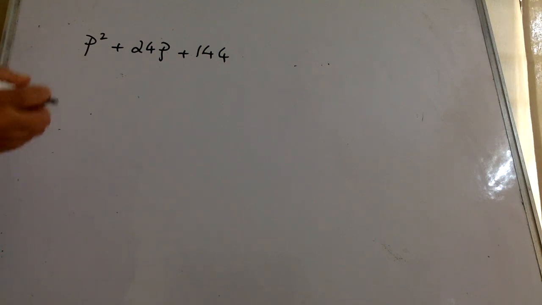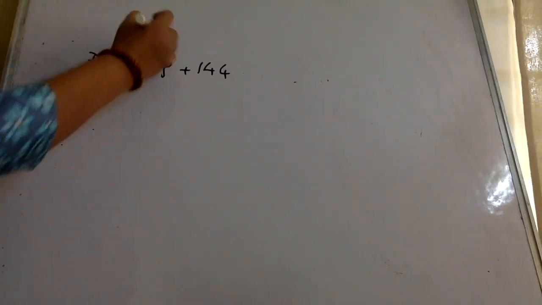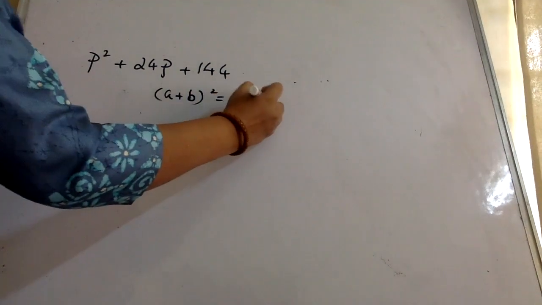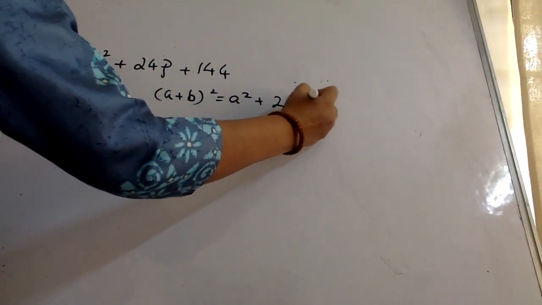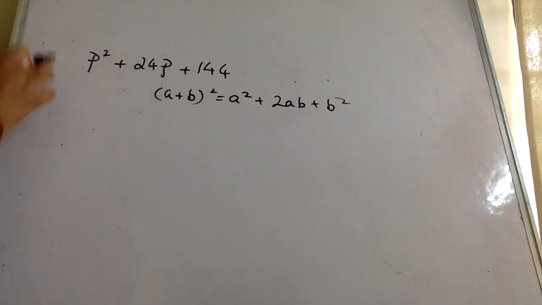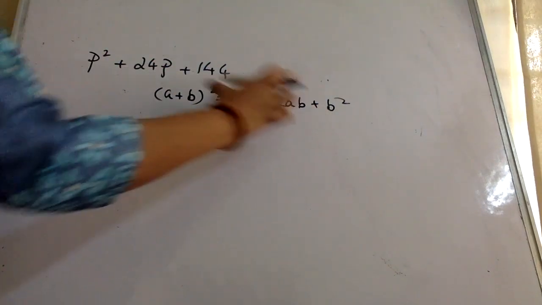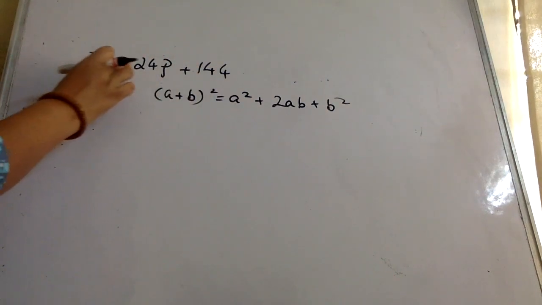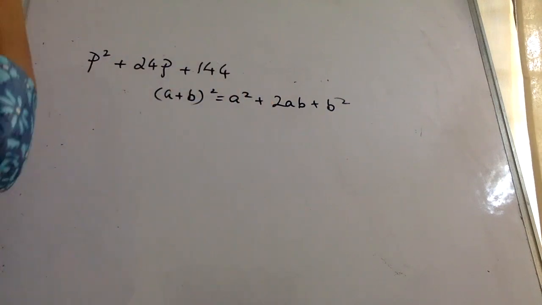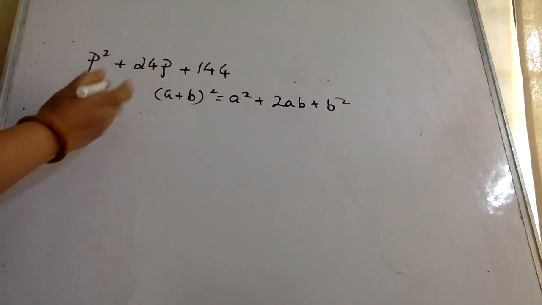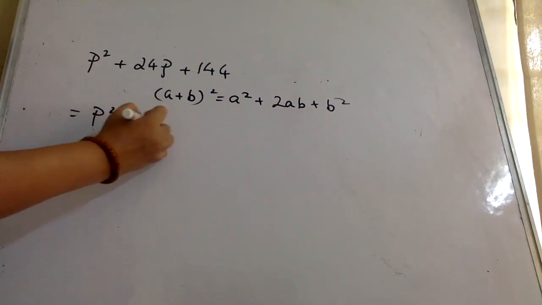If I write here a plus b whole square, that is equal to a square plus 2ab plus b square. Now we can clearly see that this expression is following this identity. It has a square term, a b square term, and 24p can be written as, let's see how, p square plus 2.